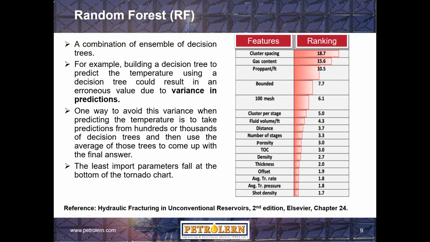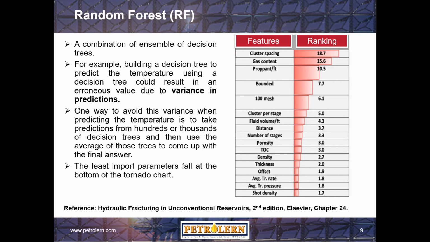The next thing is, as I said, feature ranking. So let's talk about which features have the most important impact on my model. There are different types of algorithms that you can use for feature ranking. One of the algorithms is called random forest, and random forest is basically an ensemble of decision trees.